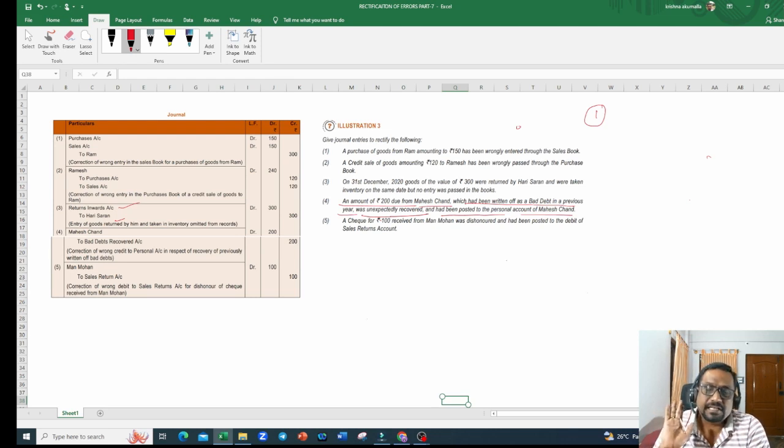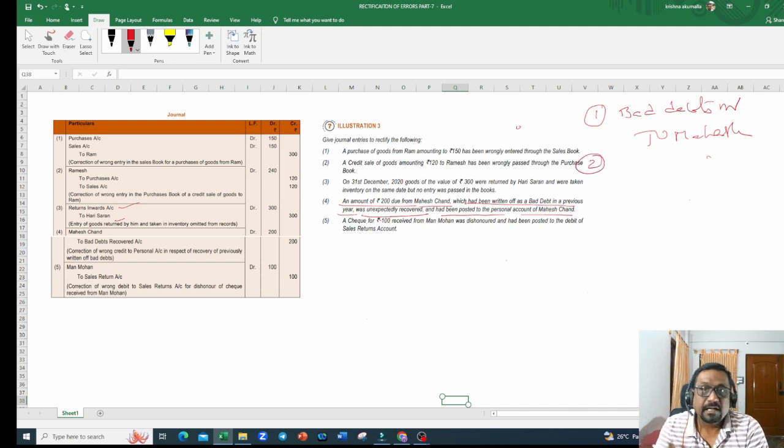So when we decided to write off his balance, what entry would we have posted? Bad debts. We treated that as bad debts. Bad debts is a loss to our business. All expenses and losses would be debited. So what entry we would have written is, we would have debited bad debts account and credited Mahesh Chand account. This entry would have been written previously.